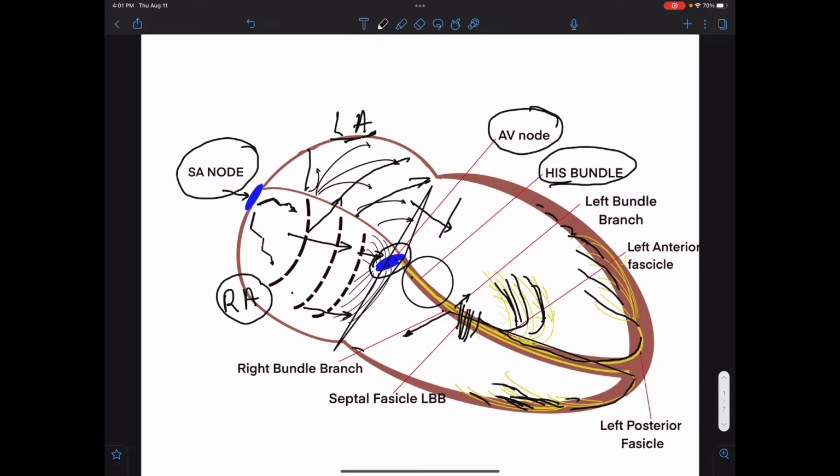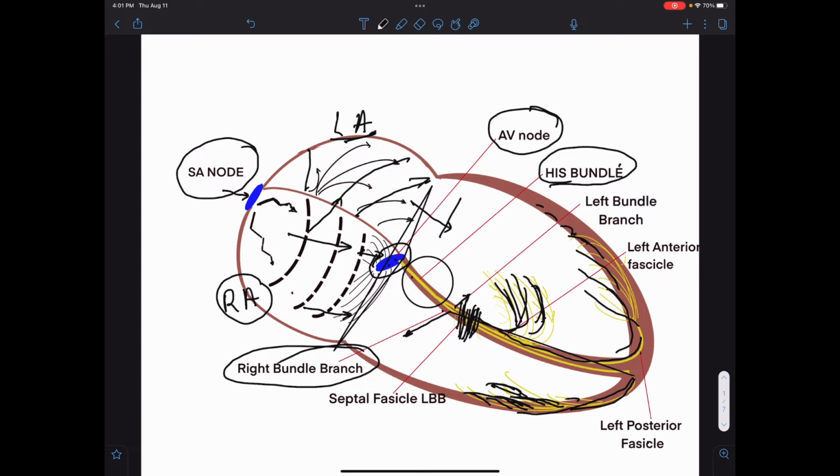Now, this right bundle branch and the left bundle branch originate from the bundle of His, and the right bundle goes to the apex and then turns upward, whereas the left divides into three parts, that is septal fascicle, anterior fascicle, and the posterior fascicle.